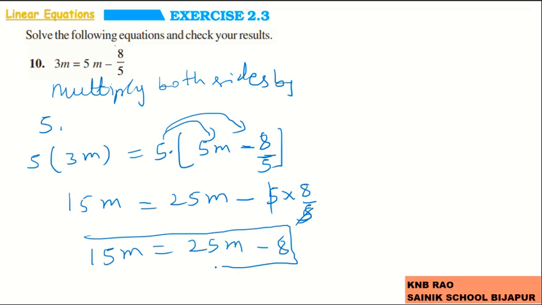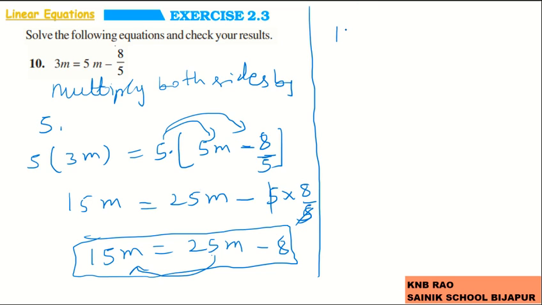Students, this is similar to the questions we have already solved. So I will transpose all the variable terms to one side and all the numerical terms to the other side. Here 25m, if I take it this side, it becomes subtrahend.